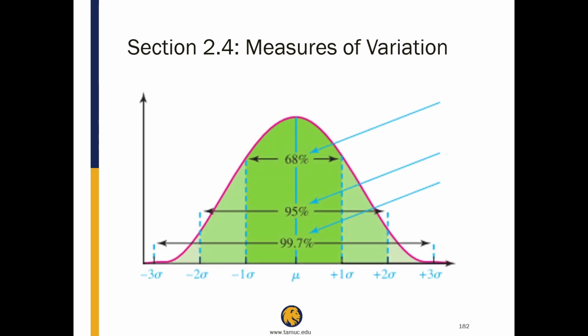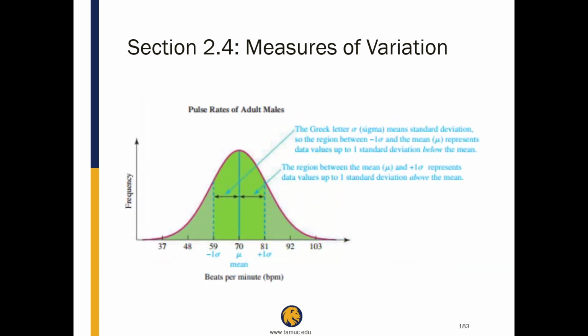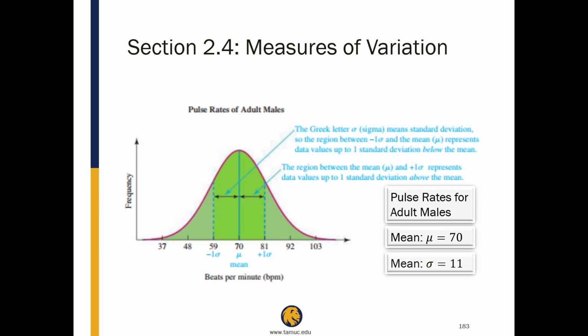Let's look at this in more detail. So this is the picture here where you have the mean in the middle, see mu in the middle, and then like +1 sigma, -1 sigma. Those are adding and subtracting the standard deviations on either side. Let's look at a specific example and talk through that as well. This is the pulse rates for adult males with a mean of 70 and a standard deviation of 11.